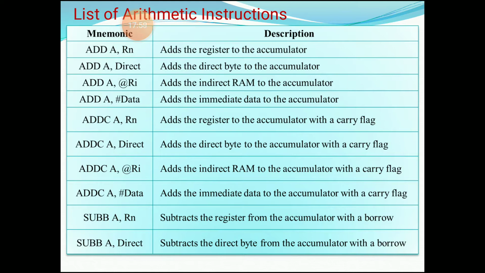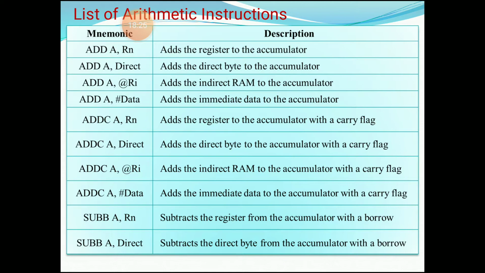Depending upon the addressing mode, the ADD instructions access the data in different ways: either immediate addressing mode, register addressing mode, memory direct addressing mode, or indirect addressing mode. ADD A, Rn: this instruction adds the content of register Rn to the content of accumulator A, and the result is stored in the accumulator. Next, ADDC A, Rn.